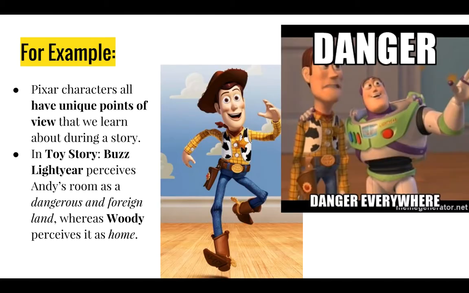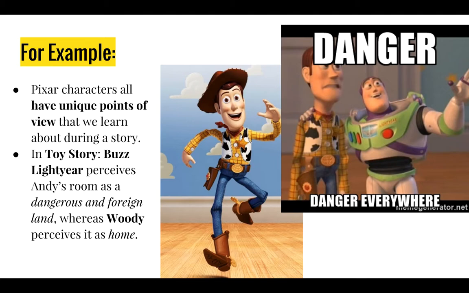All right, another example to see would be Toy Story. I'm sure most of you are familiar with the movie. But in the movie, Buzz Lightyear and Woody have very different points of view of Andy's bedroom in the very beginning. Buzz sees the bedroom as this foreign land. It's dangerous. He's got to have his little helmet on when he's trying to breathe, and he has his gun ready.